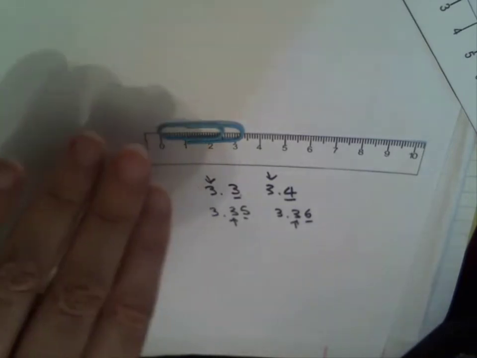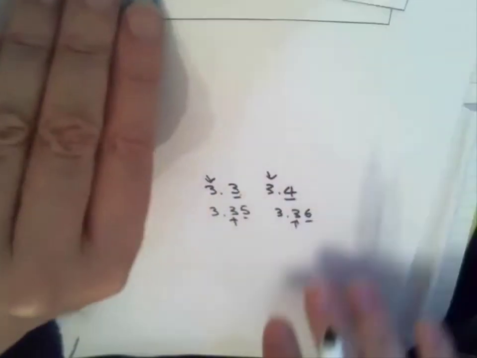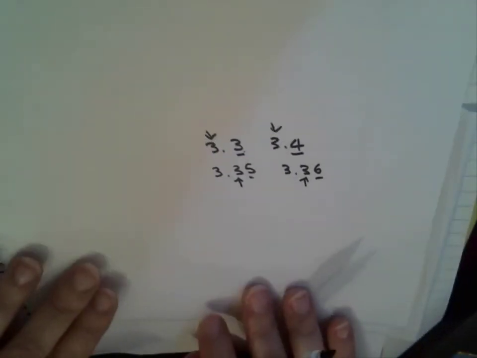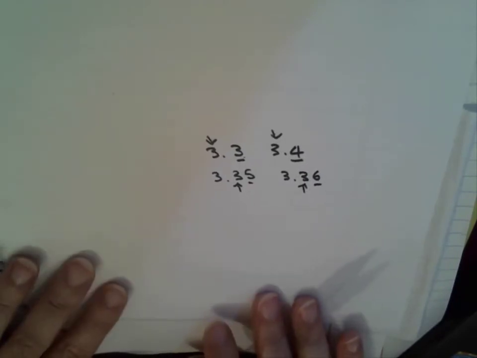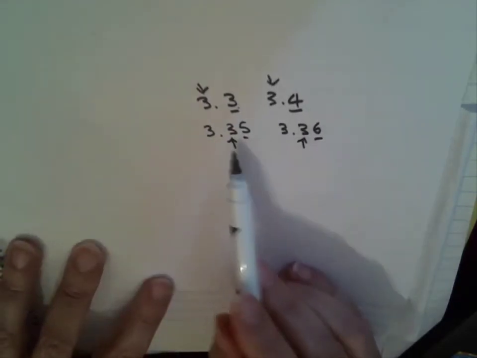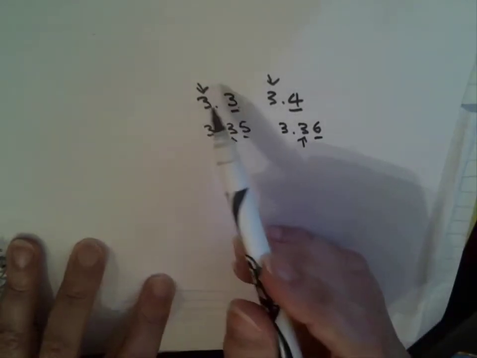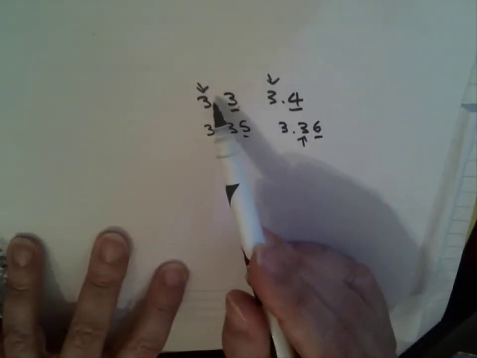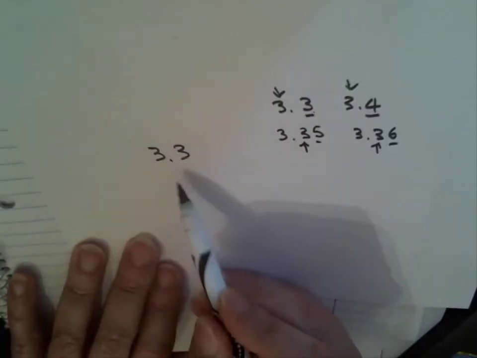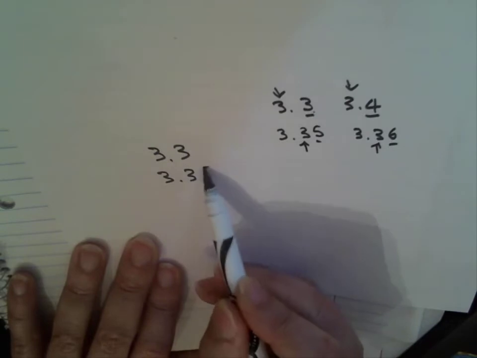The next question is how to do operations with significant figures. Now, suppose I want to sum up these two measurements, and suppose I measured two different items. One was measuring 3.3 centimeters and the other one was measuring 3.35.